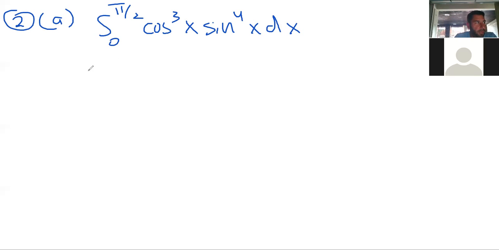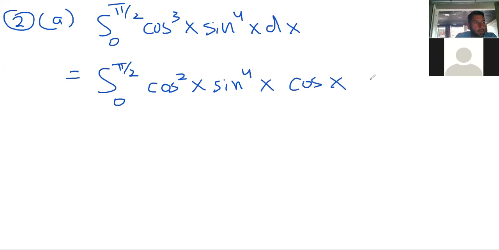And the odd power of cosine tells me that I am going to write it like this: cosine squared x times sine to the 4th x times cosine of x dx. So I'm going to break the odd power up.